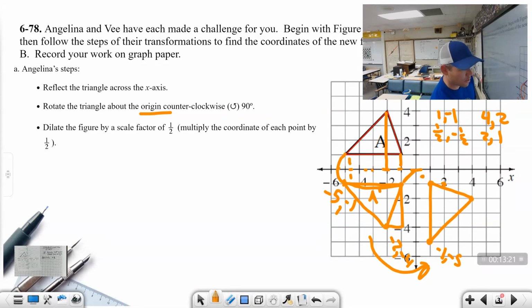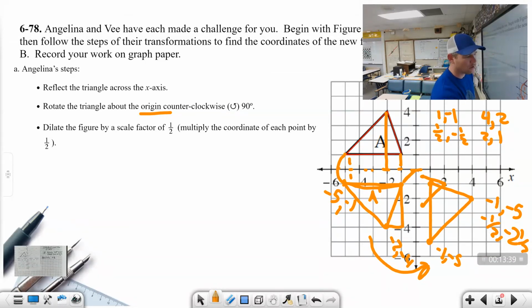And then 1, 5, -1, -5 turns into -half, -2.5. Notice I am just multiplying by that scale factor, which is right here.